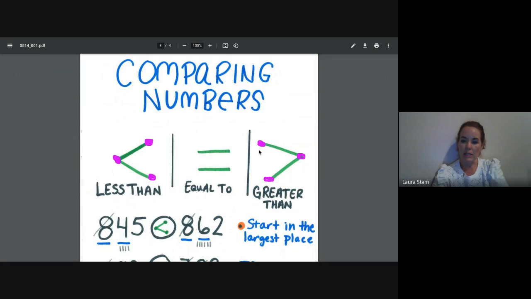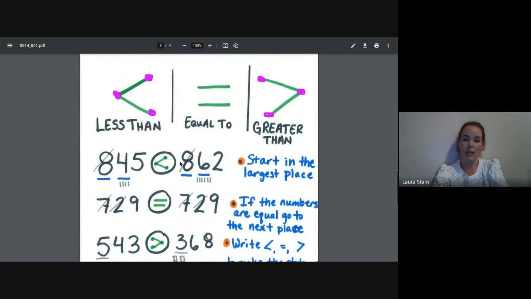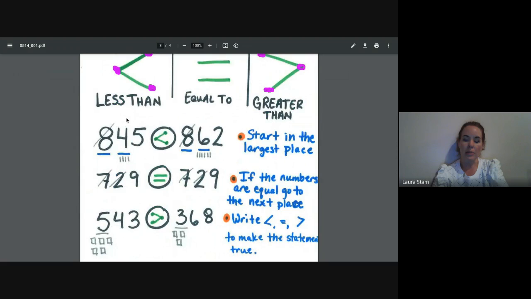All it means is that anything on this side is going to be greater than anything on this side. So we use these symbols so we can instantly compare numbers and show which one is greater and which one is less.